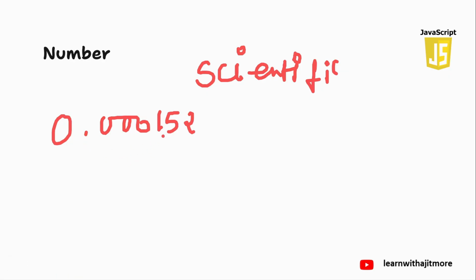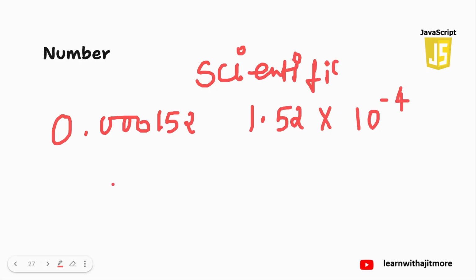We take this dot to the first non-zero digit and we write 1.52 into 10 raised to how many places I shifted to the right? 4 places. So 10 raised to minus 4. The same way, but instead of writing into 10, you just have to use e minus 4.